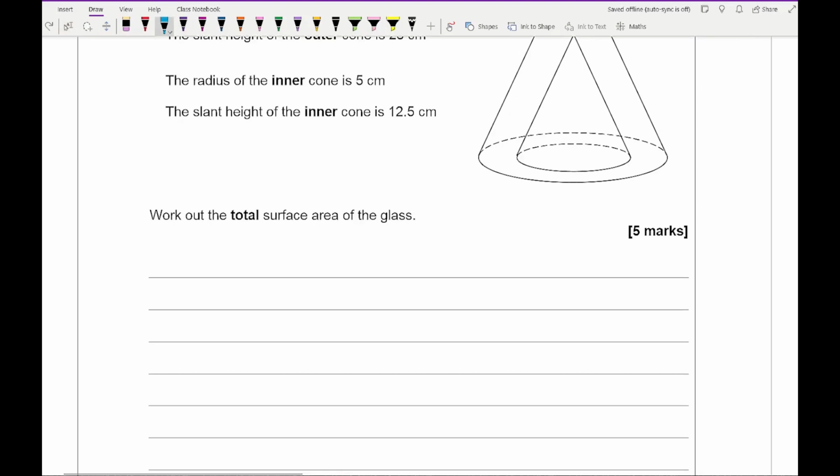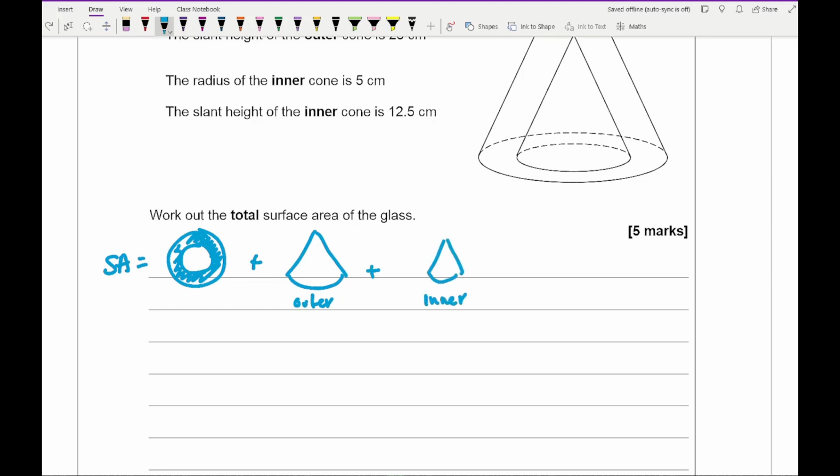Now the surface area for this particular shape is going to be equal to the donut, which is the base, plus the outer cone, plus the inner cone. Now for the donut, that's going to be the big circle minus the small circle. So here the big circle has a radius of 10 and the small has a radius of 5.